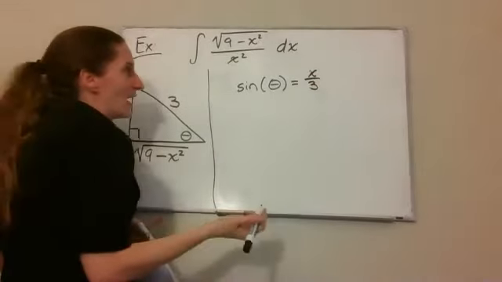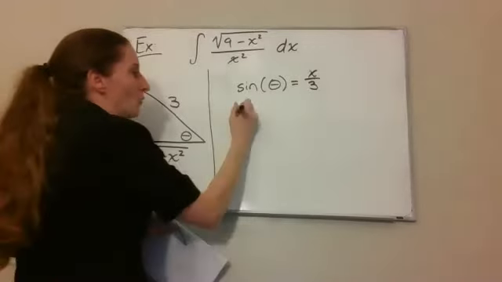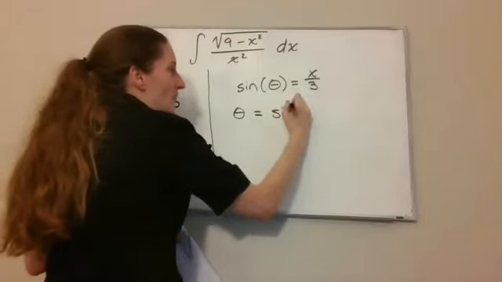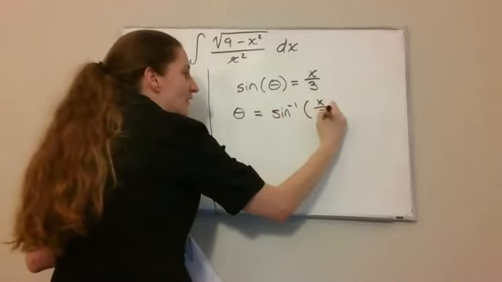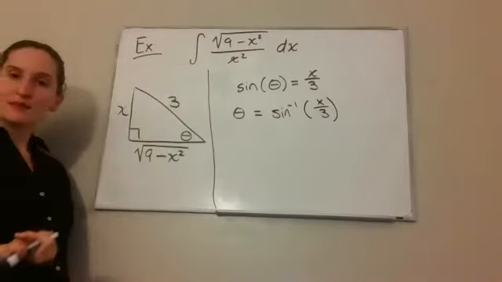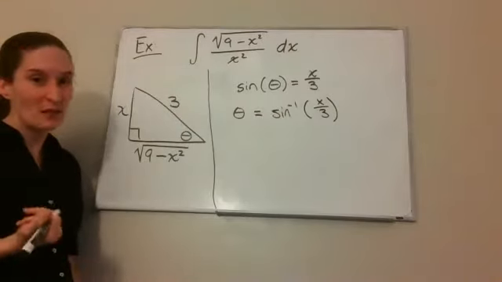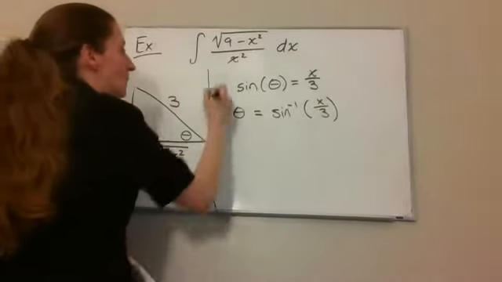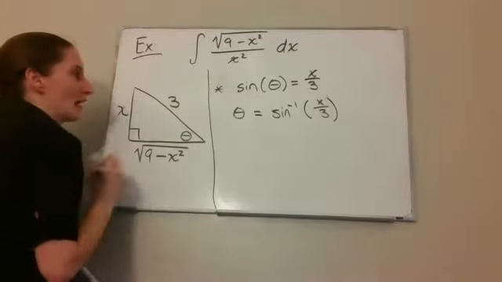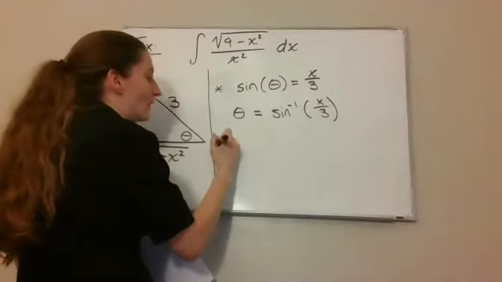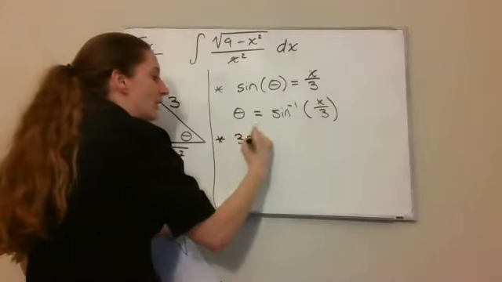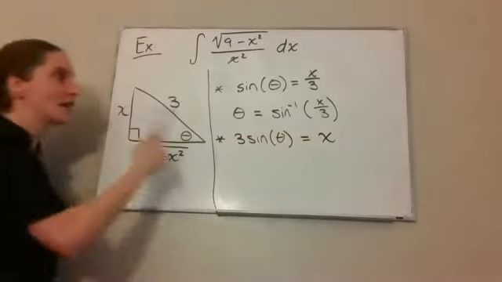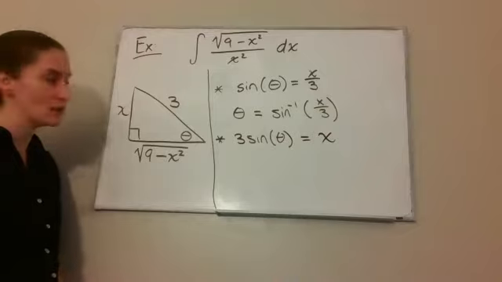At that point, I automatically also solve for theta just in case I need it. My theta will be the inverse sine of x over 3. Sometimes we need that in the problems and sometimes we don't, but it doesn't take long to just write it down right away. So I have sine of theta is x over 3. If I solve that for x, I get 3 times sine of theta is equal to x. I'm going to use that in my substitution.